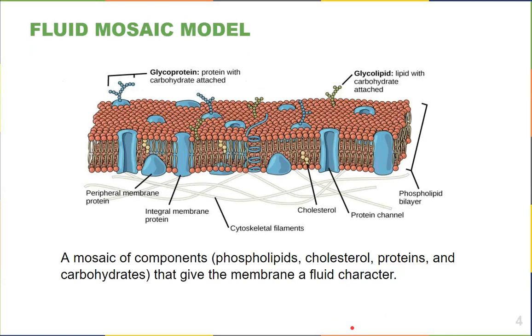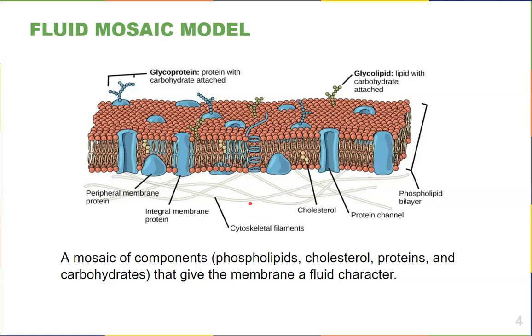The cell membrane is called the fluid mosaic model. It looks something like this, and it is made up of more than just phospholipids. So it has a lot of proteins, it has carbohydrates, it has things called glycolipids, glycoproteins, it has cholesterol in it, and all of these give that mosaic part to the fluid mosaic model.